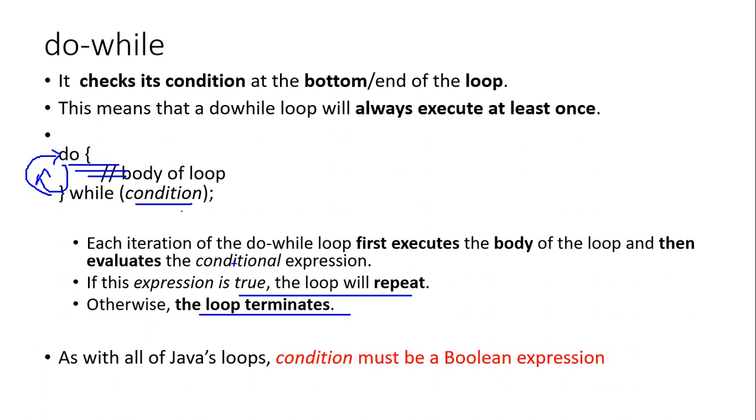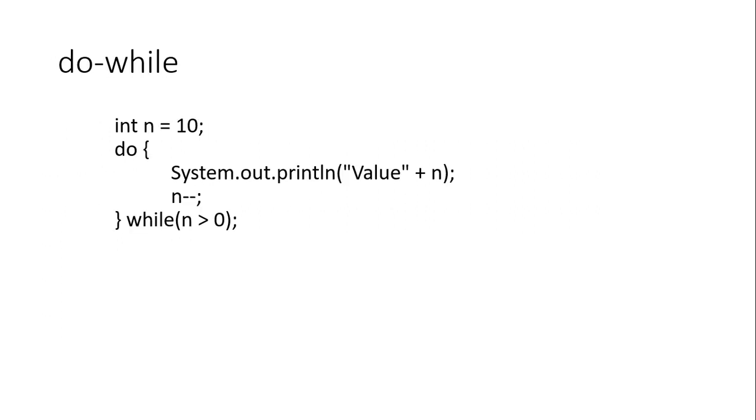As usual, the condition that you are writing must evaluate to a Boolean value. It must finally lead to either true or false. You can't write an integer expression or any other type of expression. So the expression finally has to end up as true or false after evaluation.